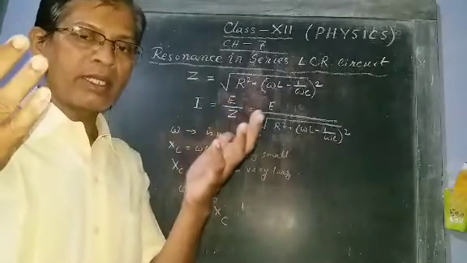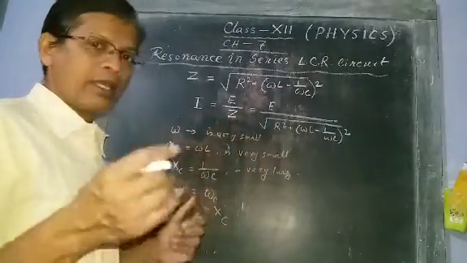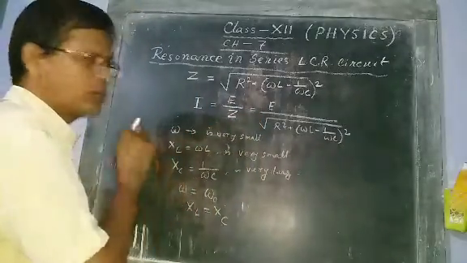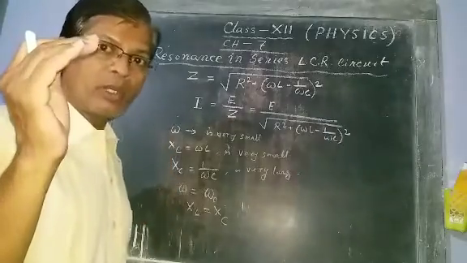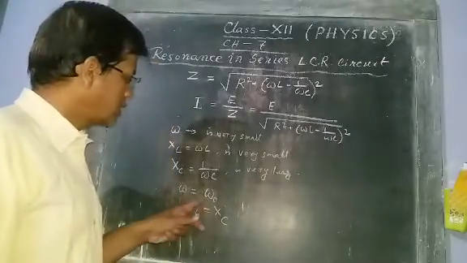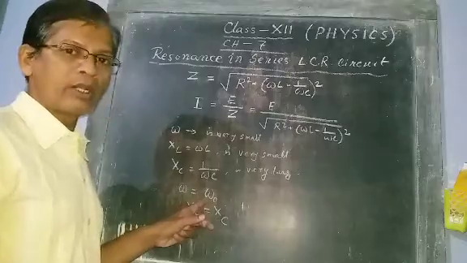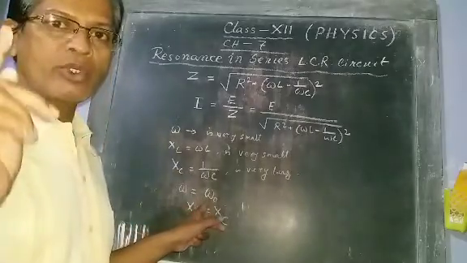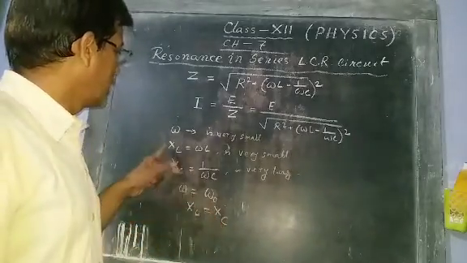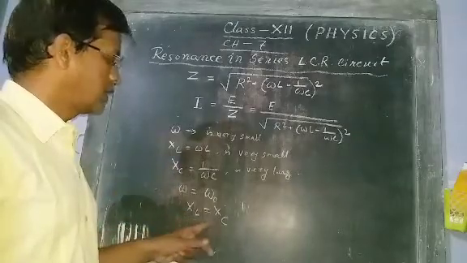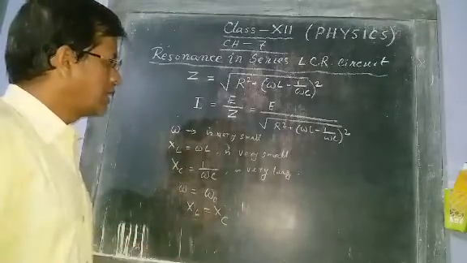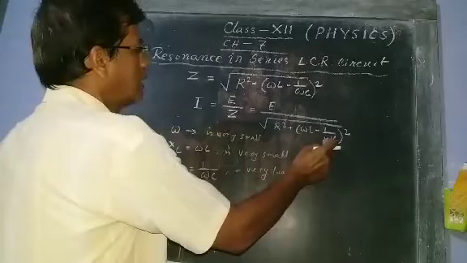At a certain time they will reach, these two will be equal at a particular frequency. Say this frequency is omega naught. At a particular frequency omega naught, XL and XC are equal. Clear?